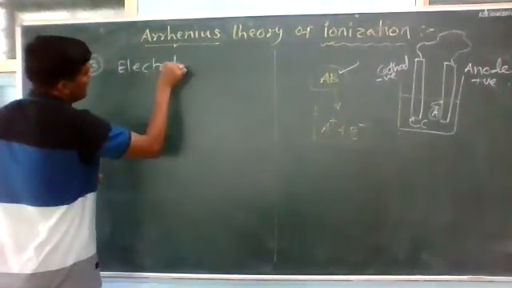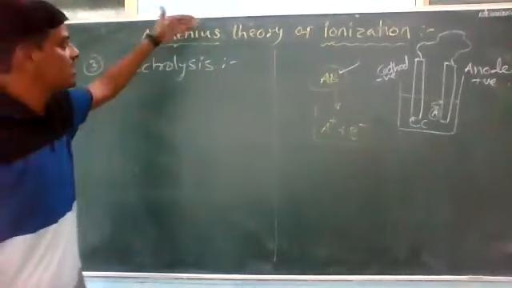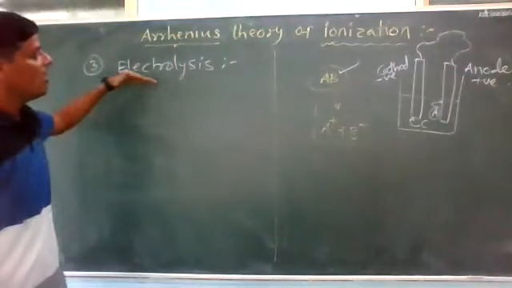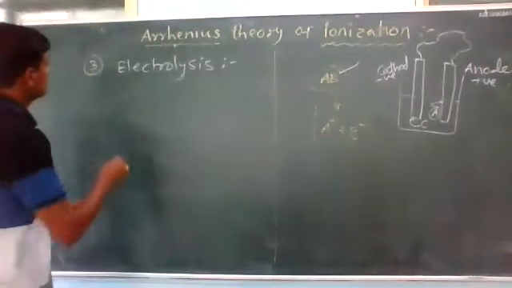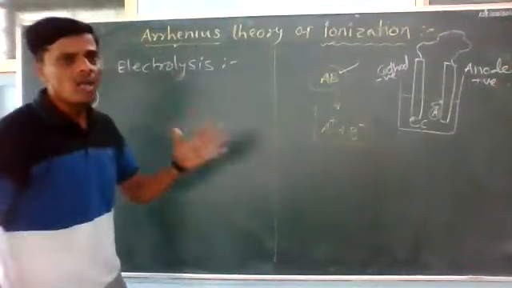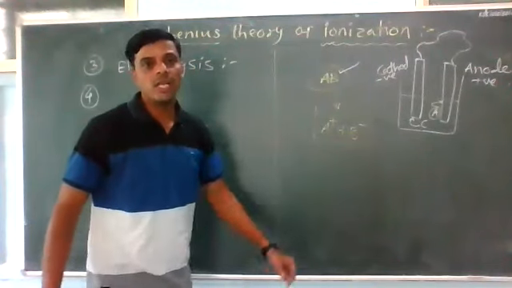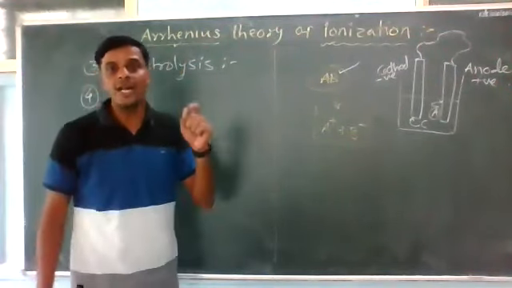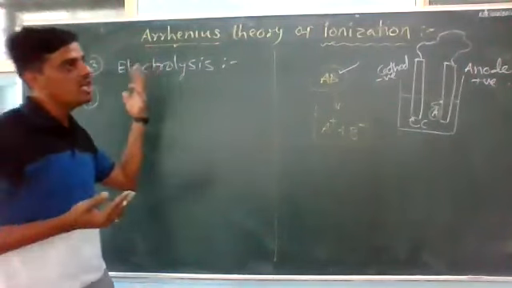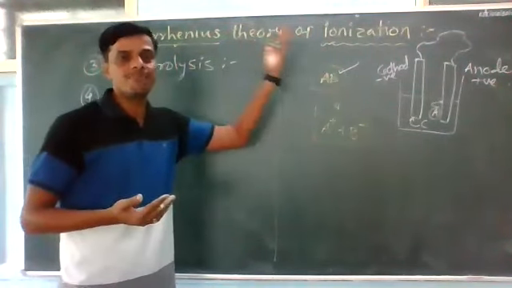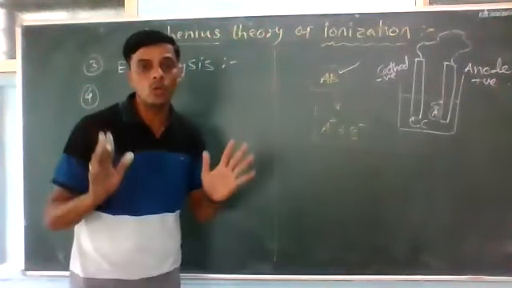Okay, the third point of this theory explains the phenomenon of electrolysis, and the fourth point of this theory, or I would say the next observation of Arrhenius in this theory of ionization, is that the conductivity of an electrolytic solution depends upon... He performed various experiments and studied the conductivity of different electrolytic solutions.